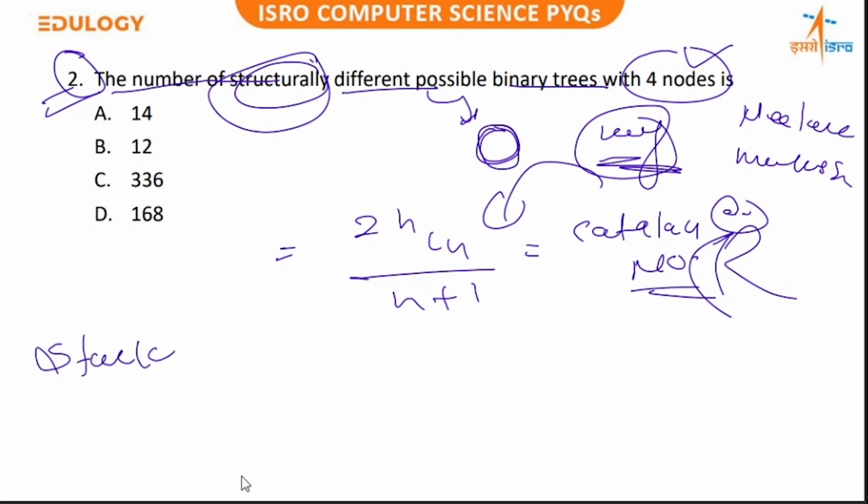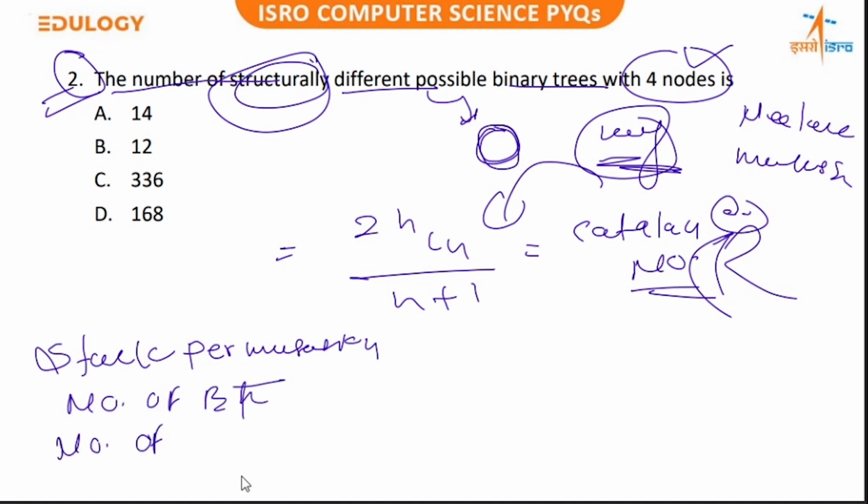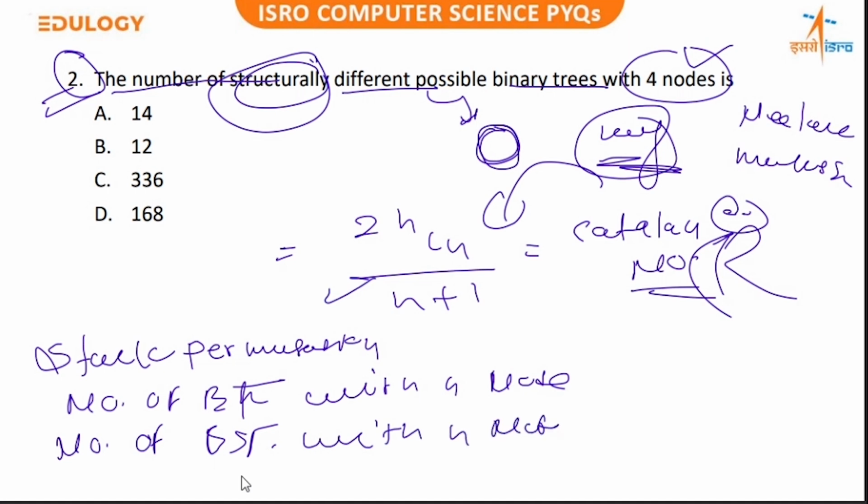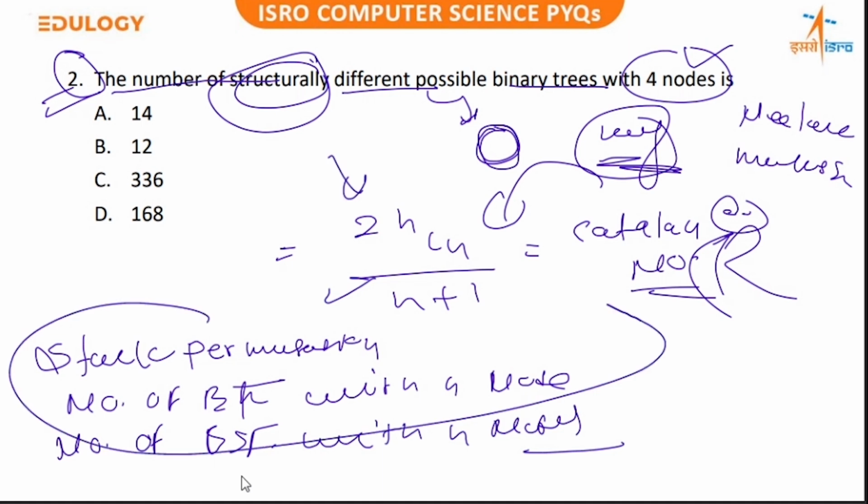For calculating the number of binary trees or the number of binary search trees with n nodes, you can use the same formula. You guys have to use this formula for calculating these things.